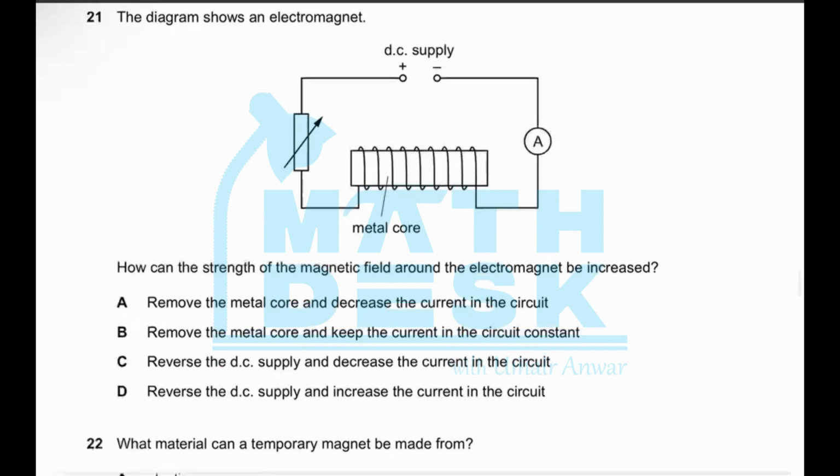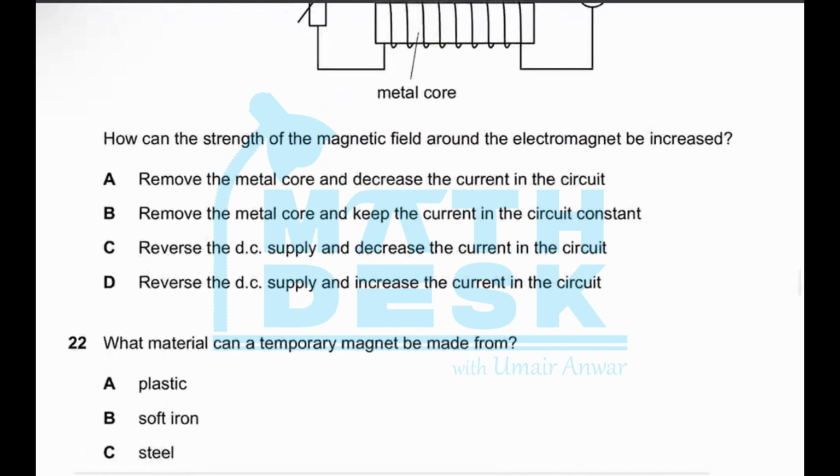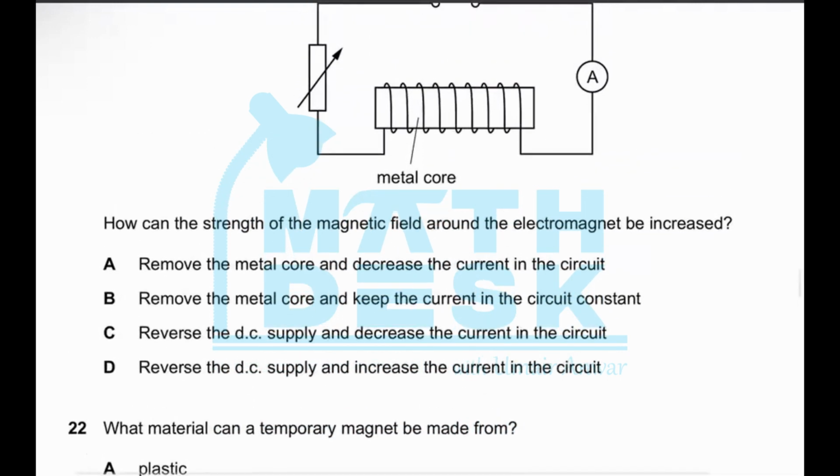So the given options are remove the metal core and decrease the current in the circuit. No, when we remove the metal core, the magnetic field becomes weaker, and by decreasing the current, the magnetic field becomes further weaker. So this will not increase the strength of the magnetic field.